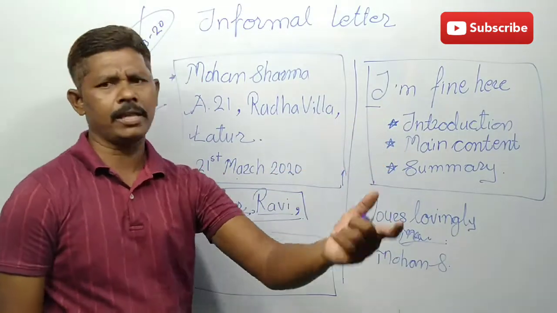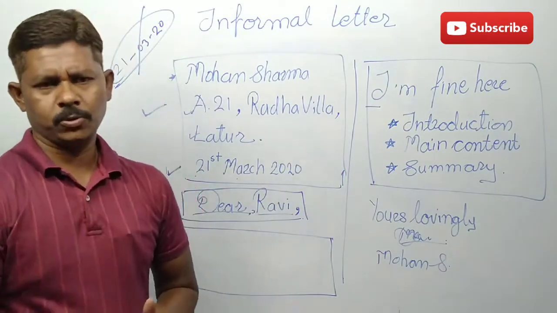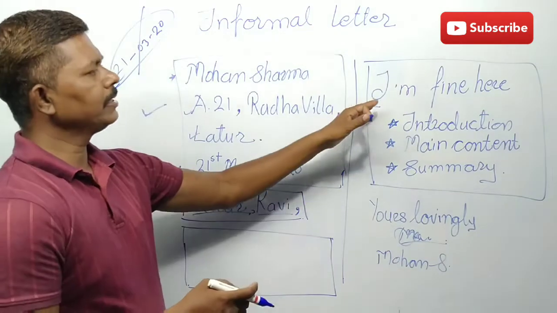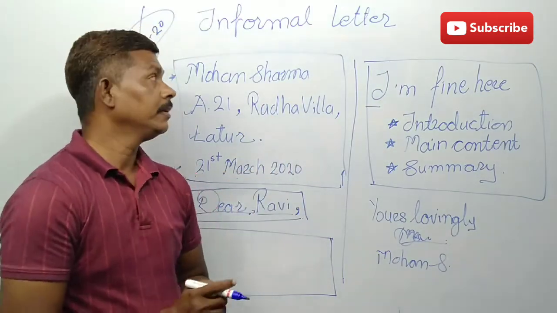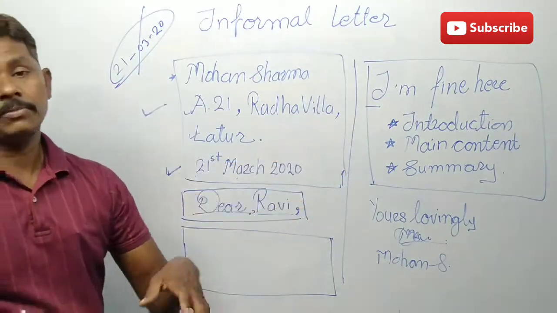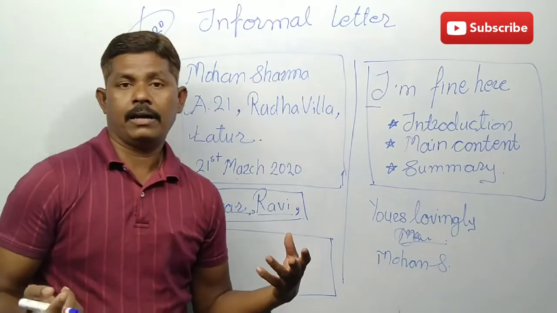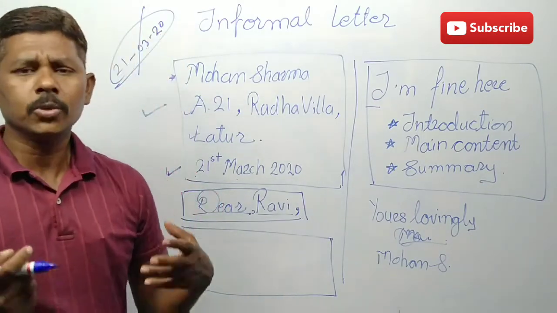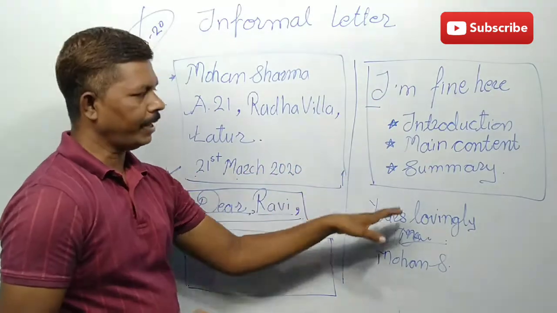For example, you can ask about his present condition there. I am fine here, hope you are also fine. In this way you can start your letter. Another way: I received your letter yesterday, I felt very glad, I became very happy to read it. So in this informal way, you can start your matter.